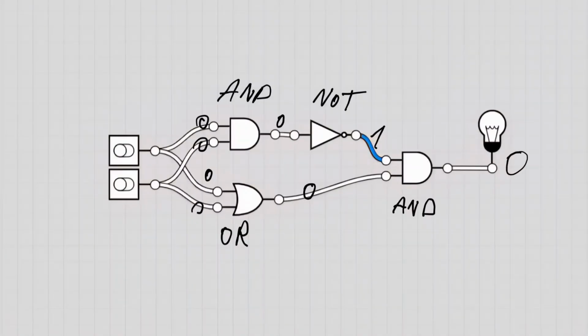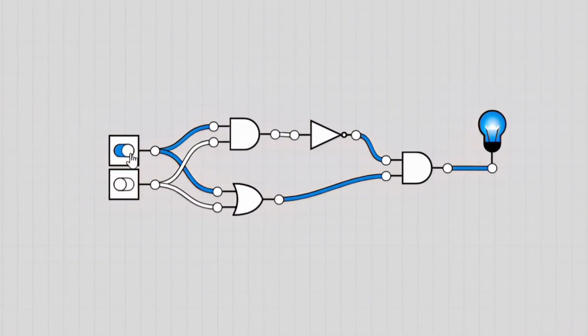Now let's look at the case when only one input is 1. The first AND gate output is 0 and the NOT gate converts it to 1. The OR gate sees at least one 1, so its output is 1.